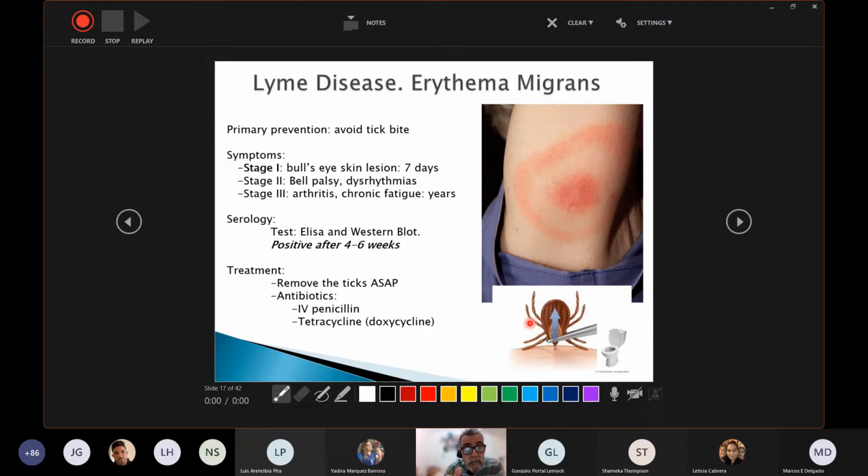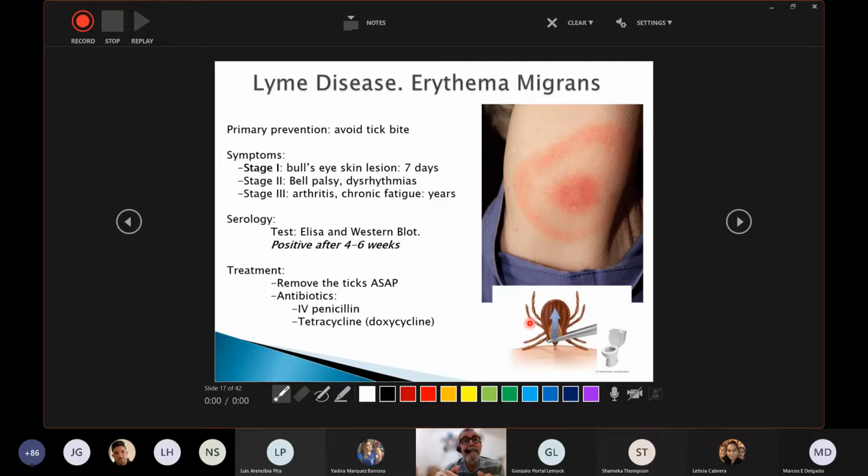So when you go to the forest, wear long pants and long sleeve shirts, and tuck your pants inside your socks. Try to use clear colors. Don't use dark colors, for reasons that we don't understand well.